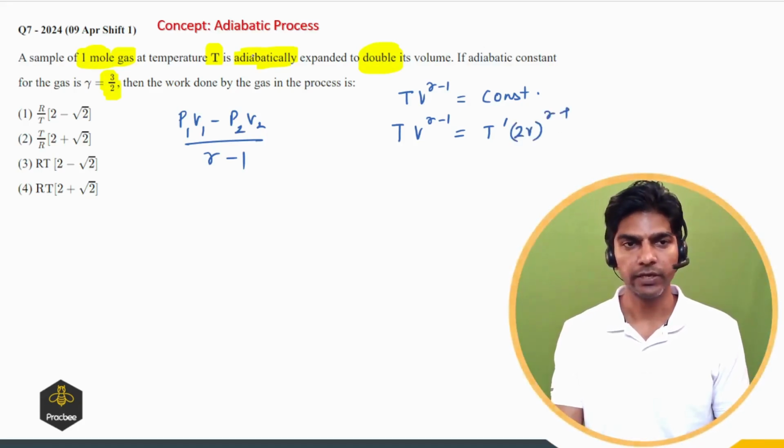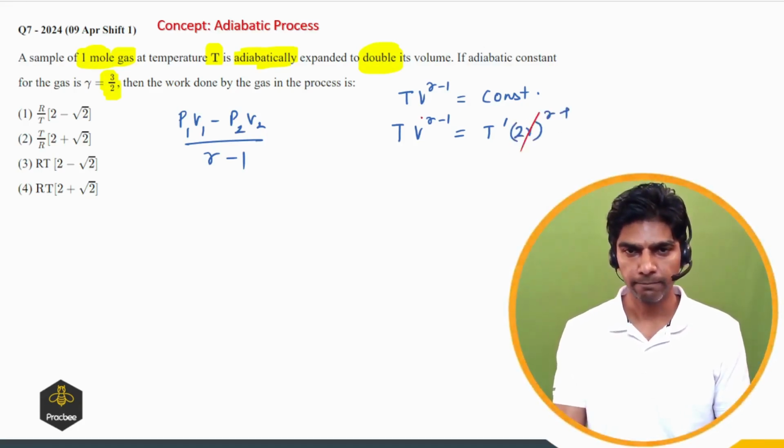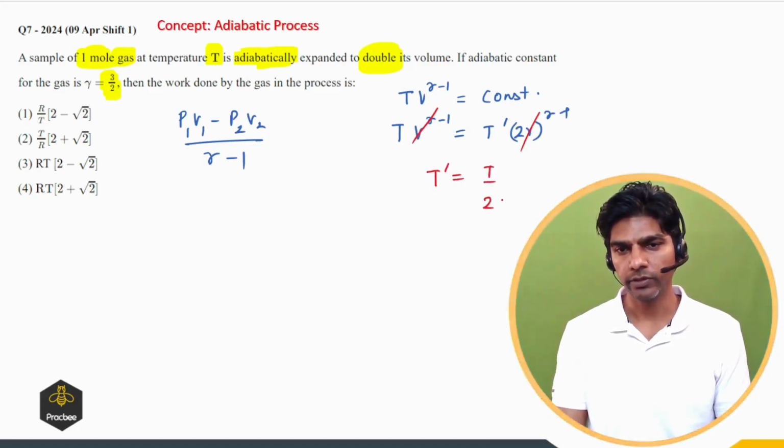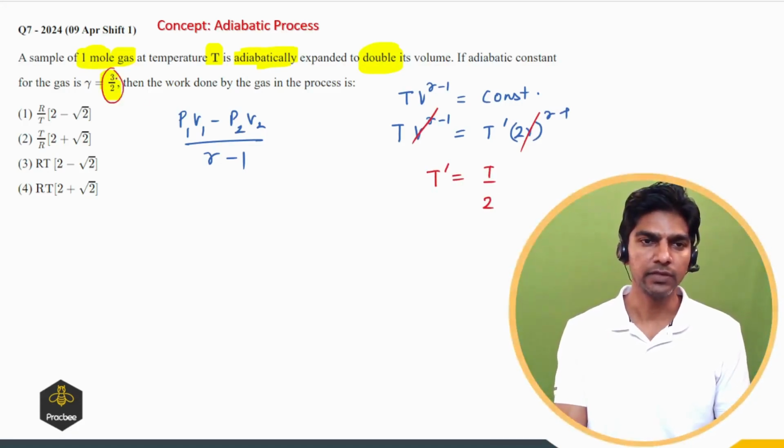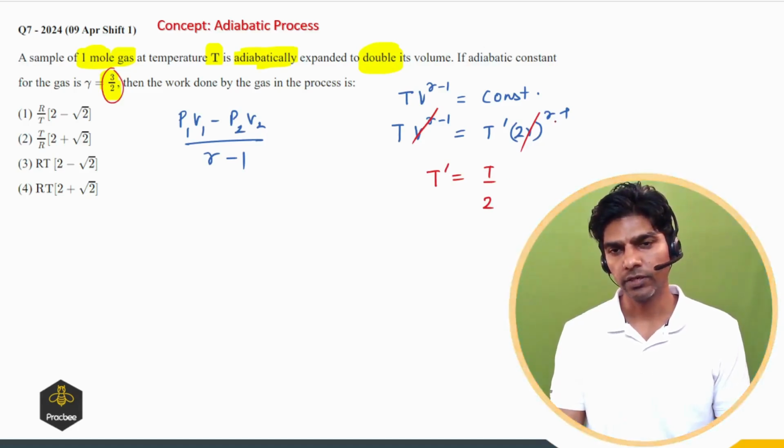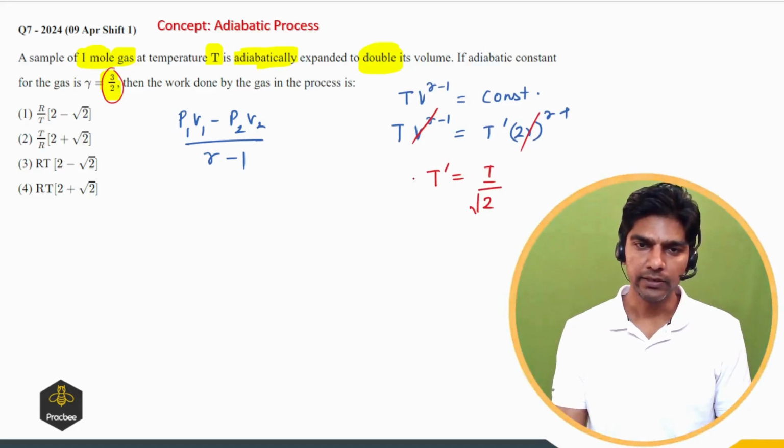So we can eliminate V. From this, T prime will be T divided by 2 raised to the power gamma minus 1, and gamma is given as 3/2, so gamma minus 1 is 1/2. That gives T by root 2. We can also write the work done as nR(T1 minus T2) upon (gamma minus 1).